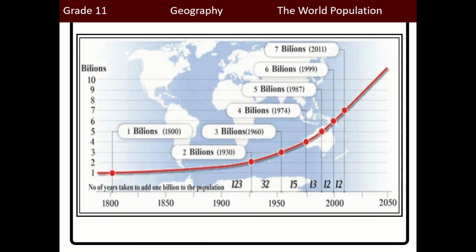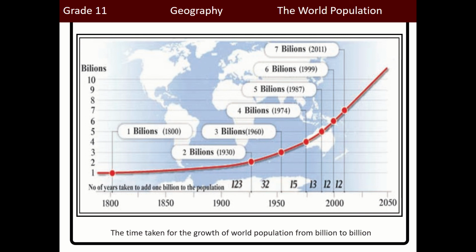Dear children, go through this chart. It shows the time taken for the growth of world population from billion to billion. The world population, which was a billion in 1800, had reached 7 billion in 2011.